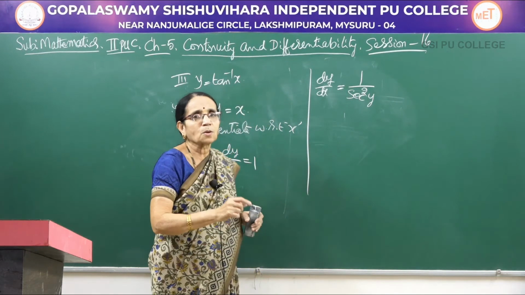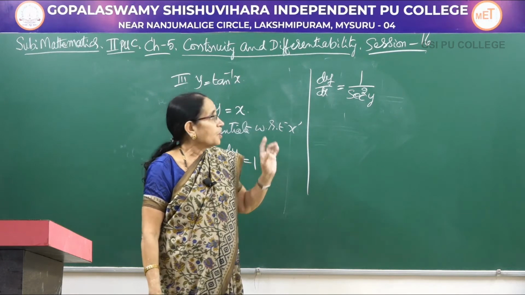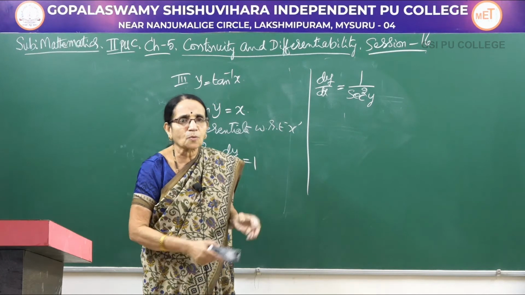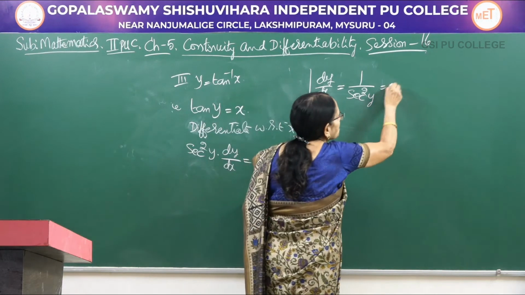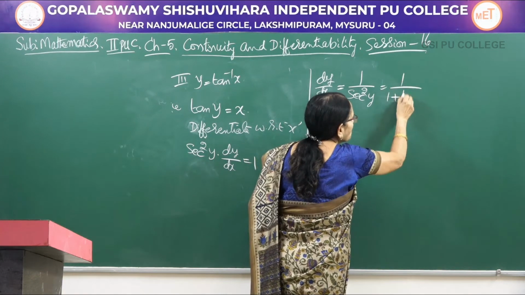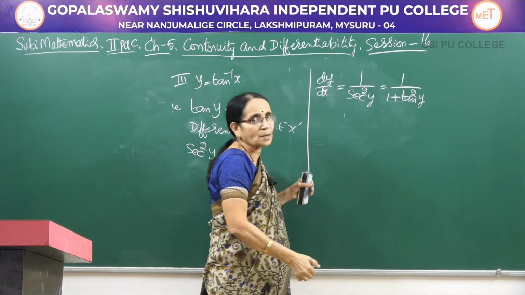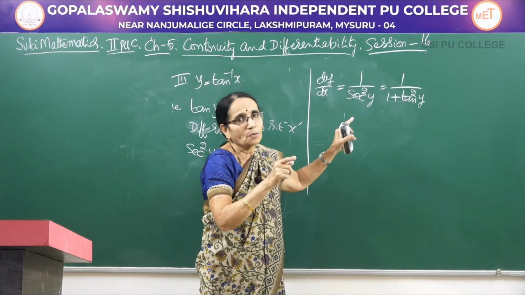So now we make use of the second identity of trigonometry. What does it say? 1 plus tan square theta is equal to secant square theta. So secant square y can be written as 1 plus tan square y. In the earlier one we had sin y and cos y, so we had to take the root of that number.